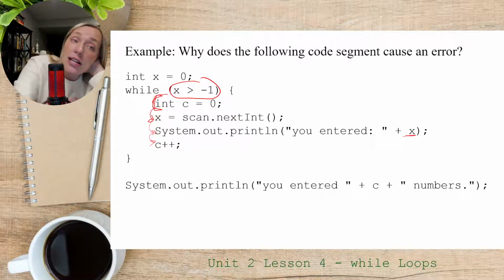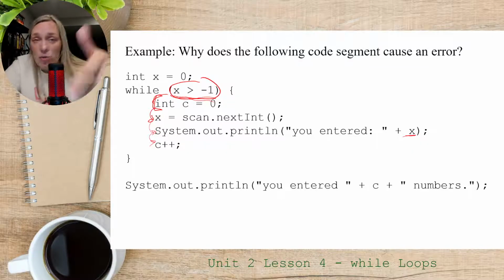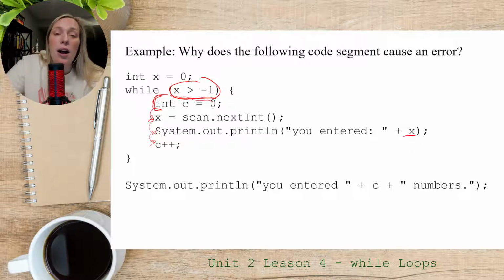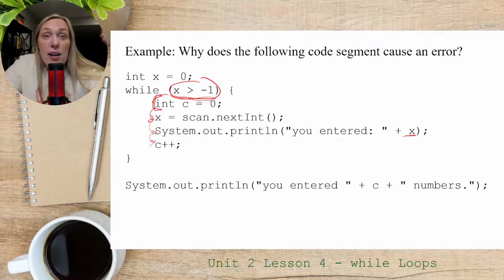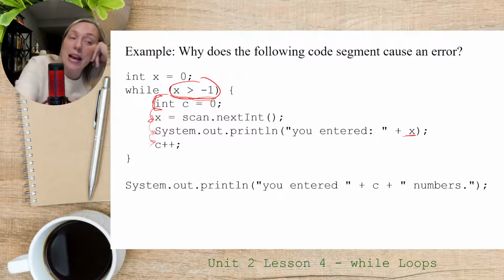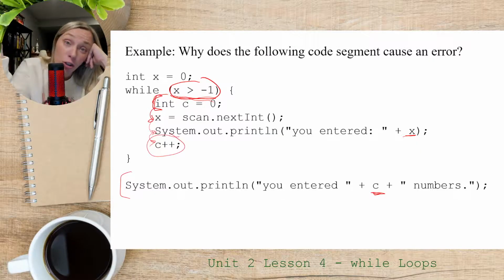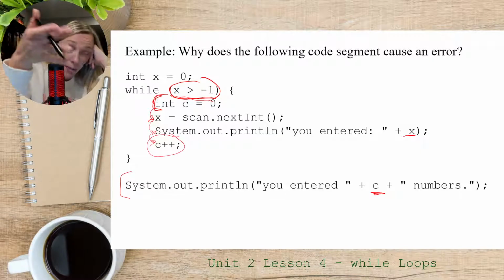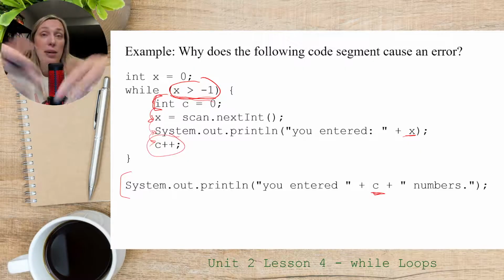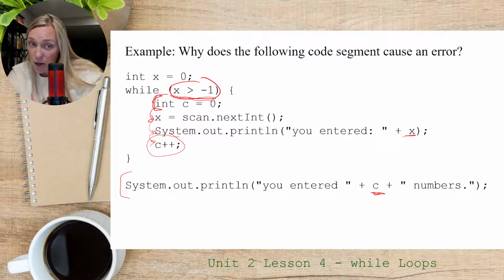As long as the user enters a number that is greater than -1, so 0 or any integer greater than that, the program is going to keep running. If I enter a -2, that's when the loop ends. And then I go down here to print off "you entered c numbers." So it counts how many times the loop runs, which is how many numbers I've entered.